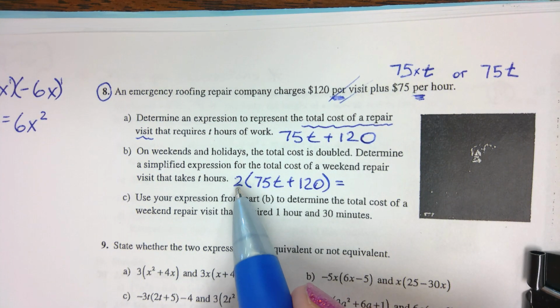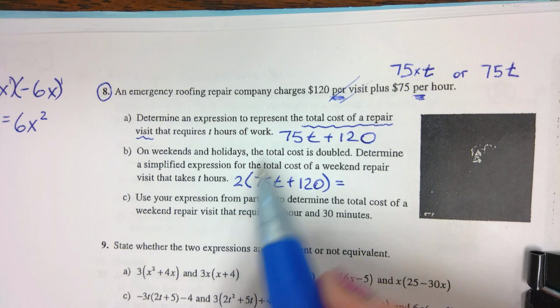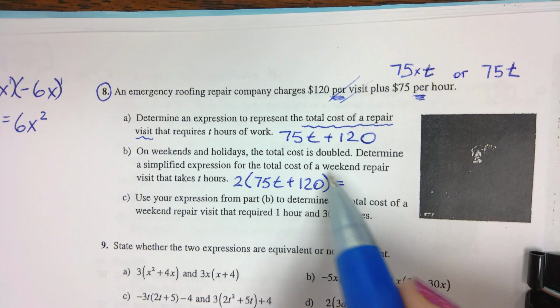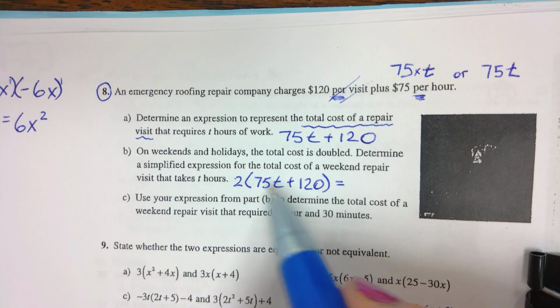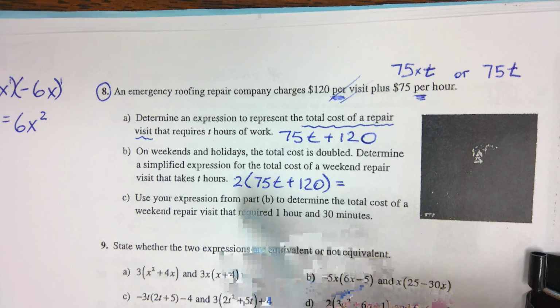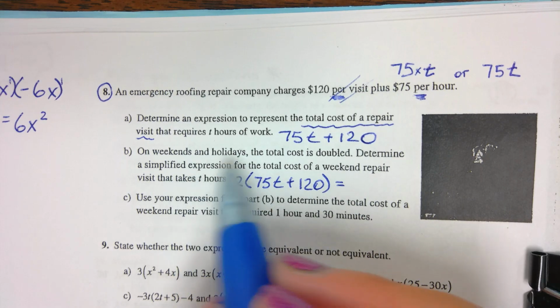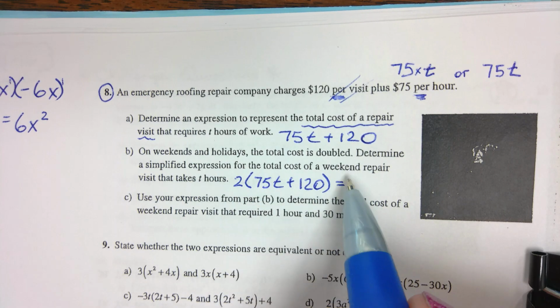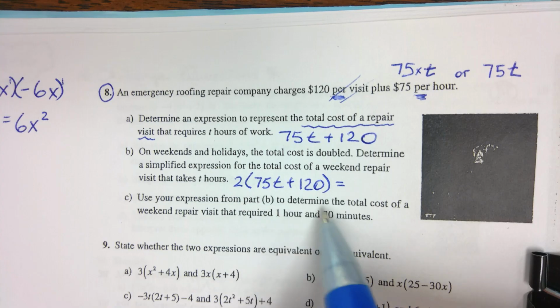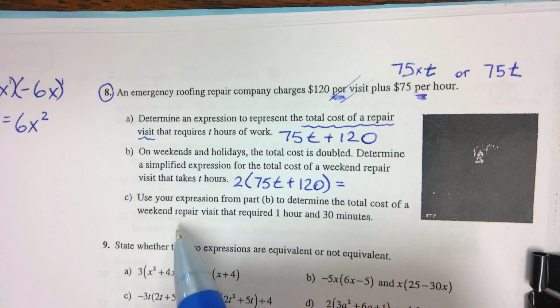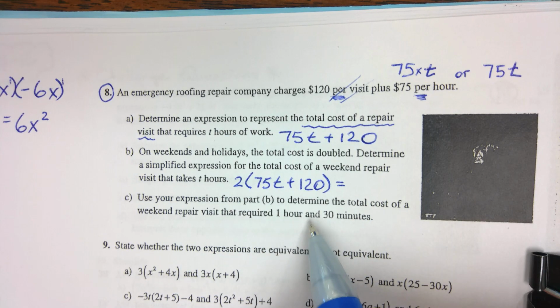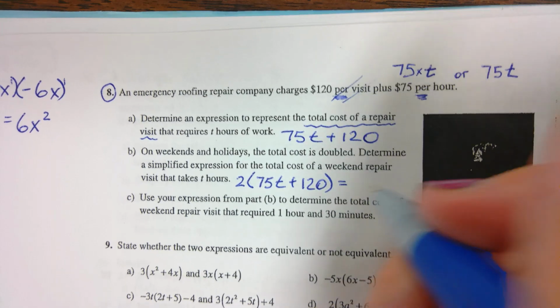So if the whole cost is doubled, that's why you're putting the 2 on the outside, and then the bracket is very important so that you're not just multiplying the 75. Okay. Use your expression from part A to determine the total cost of a weekend repair that requires 1.5 hours.